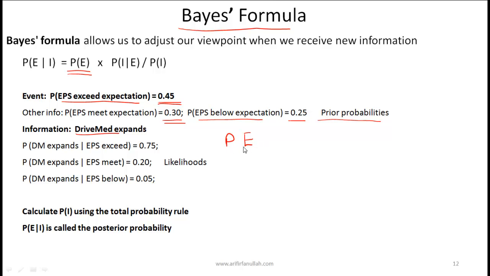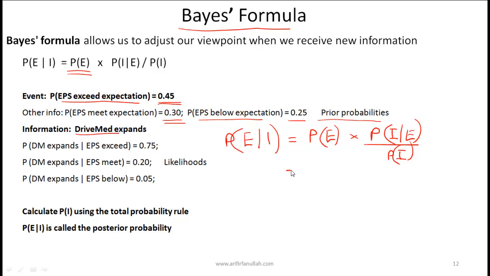So the probability of the event, which in this case is that EPS will exceed expectations, given the new information that DriveMed is expanding, is equal to the probability of the original event before you receive the information, times the probability of the information, which is that DriveMed is expanding given the event, divided by the probability of the information.